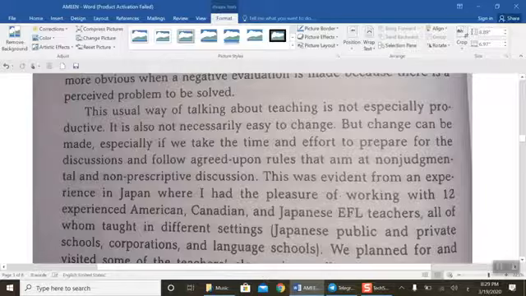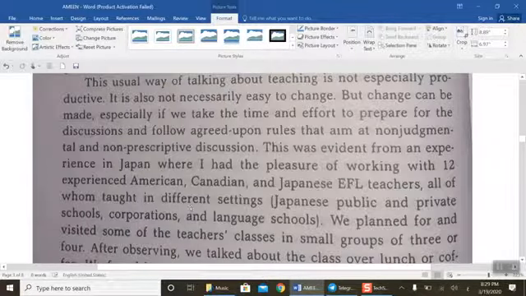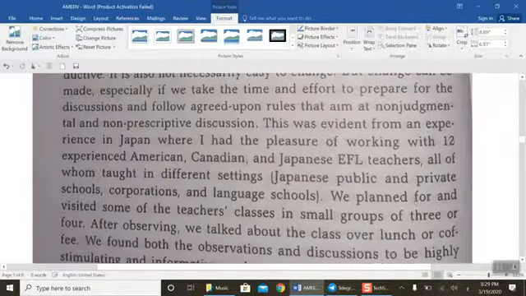This was evidence from an experience in Japan when I had the pleasure of working with 12 experienced American, Canadian, and Japanese EFL teachers, all of whom taught in different settings: Japanese public and private schools, corporations, and language schools. We planned for and visited some of the teachers' classes. Okay, they visited each other's classes in small groups of 3 or 4.